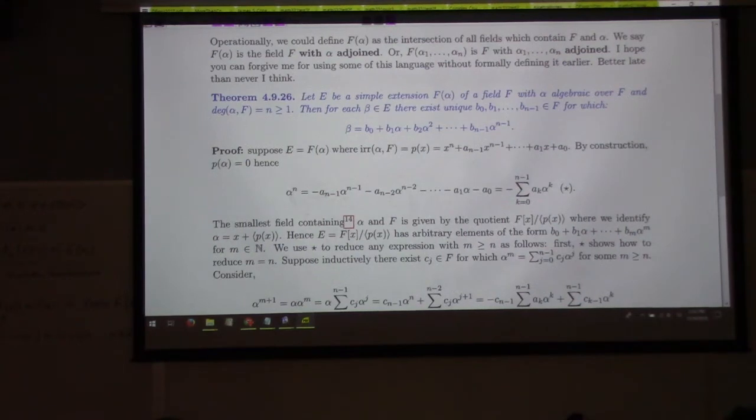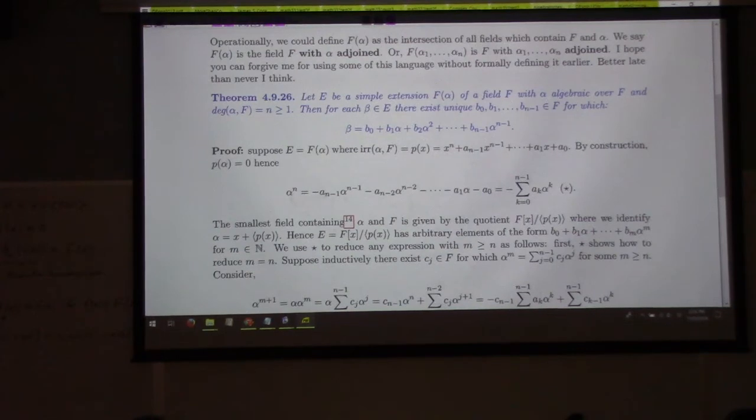How do I know that? Well, I said there exist unique coefficients, right? So the unique existence of these coefficients, if I set this equal to 0, forces each one of these coefficients to be 0, which implies linear independence over the base field of the constant 1, alpha, alpha squared, up to alpha to the n minus 1.